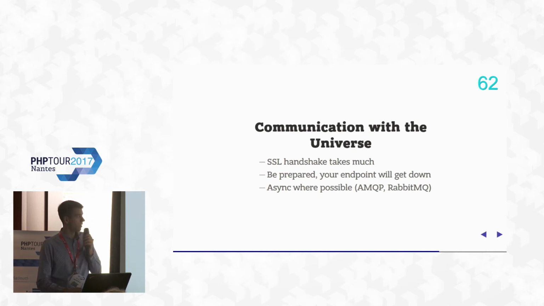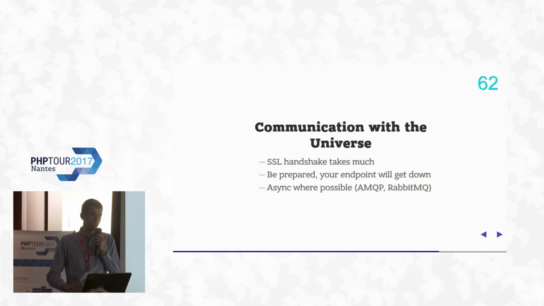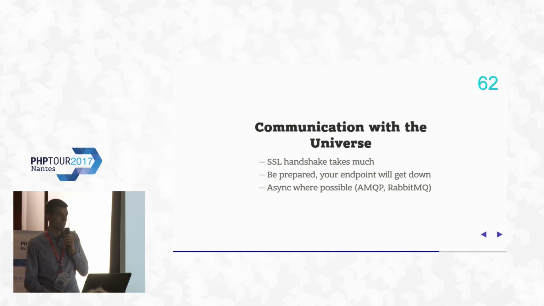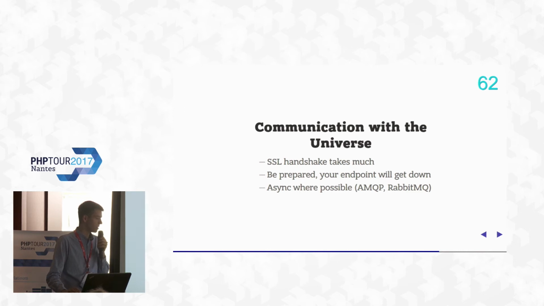If you call some remote resource that uses HTTPS more than once per connection, consider not using HTTPS but wrapping it in some secure channel like OpenVPN. And get prepared that your endpoint will go down. Not today, not tomorrow, maybe next year, but nothing is absolutely undead, so be prepared.